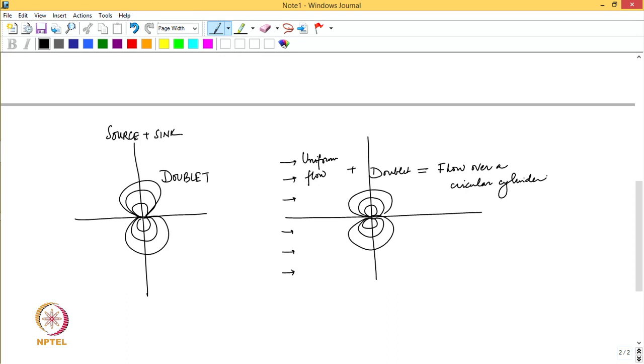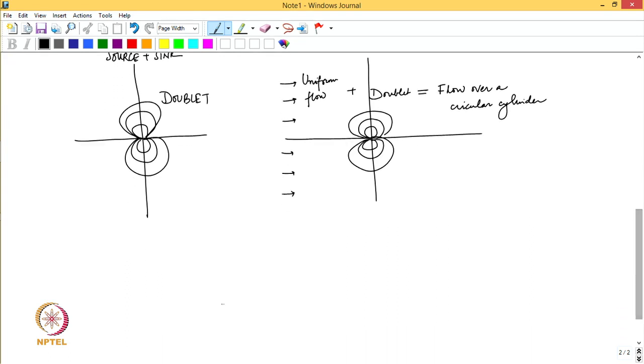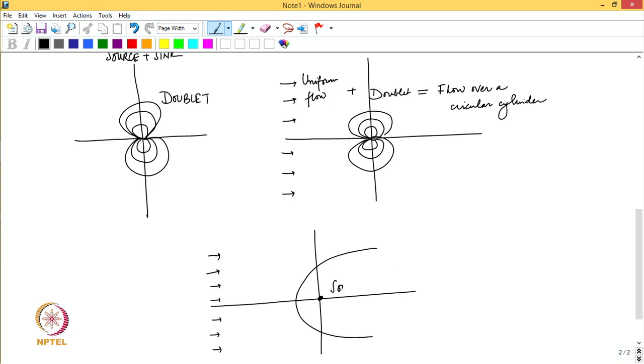And we also saw, as I was mentioning in the last lecture, what happens if you have uniform flow added with a source, and we got a Rankine half solid. So, we looked at these three scenarios.